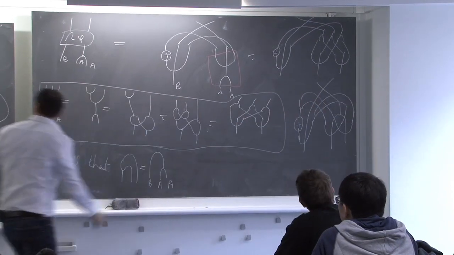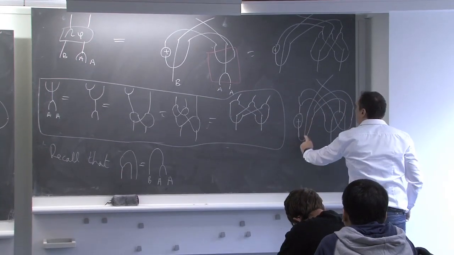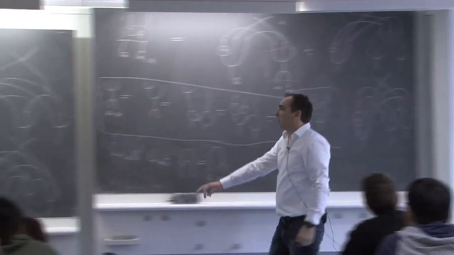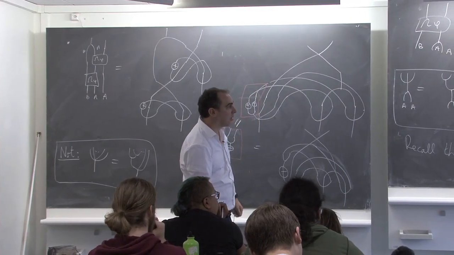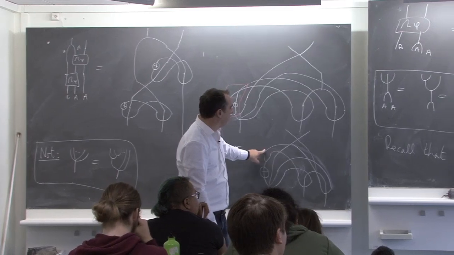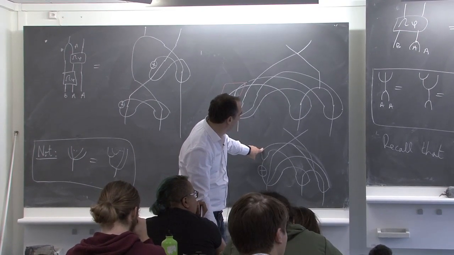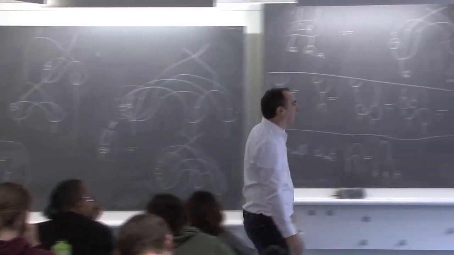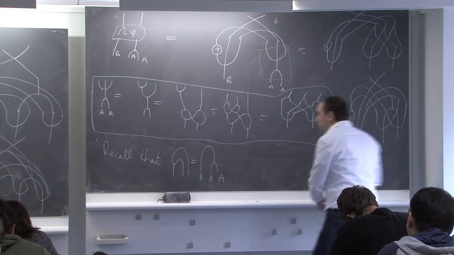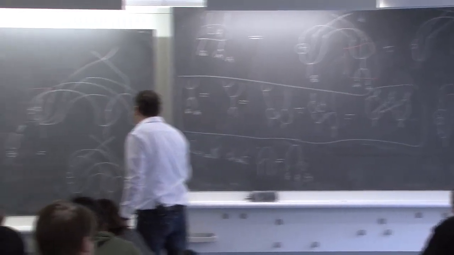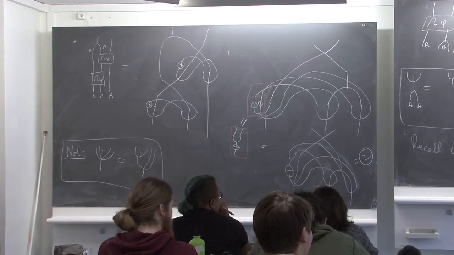And now I can slide this, and I obtain, hopefully, this one. Let us check. This on the first, this on the first. Yeah, so this is the same. And so it is equal to this morphism too. Okay, so we have shown one of the actions.